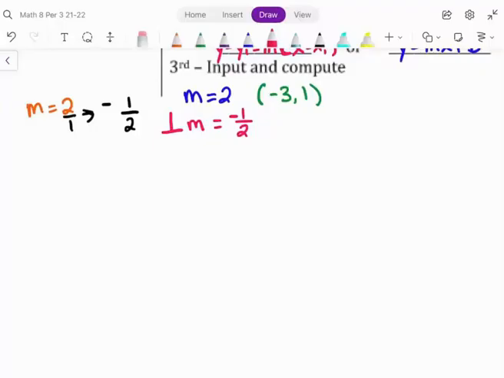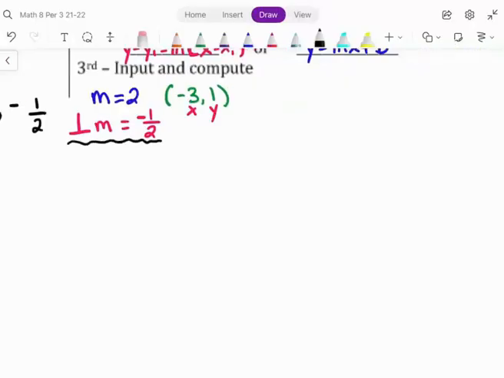And then you're just going to go step by step. I've got this guy right here. I'm going to go ahead and plug this in. y minus ( ) equals ( ) times x minus ( ). So I got to remember, plug in my perpendicular slope and then my coordinate. y comes before x in the equation.